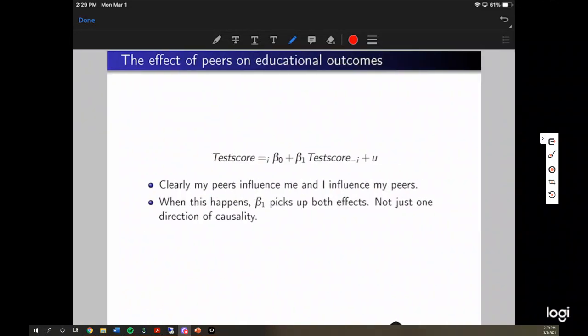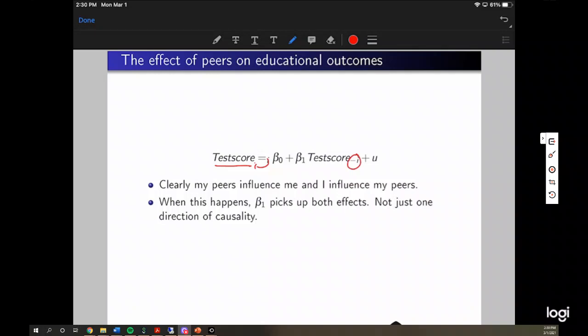Another example, the effect of peers on educational outcomes. What if we want to figure out how my peers affect my grades? So we regress my test score, person i, on my peers' test scores, people not i, people in my peer group. Clearly my peers influence me and I influence my peers.